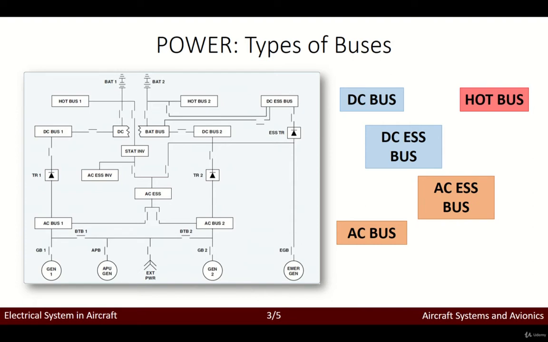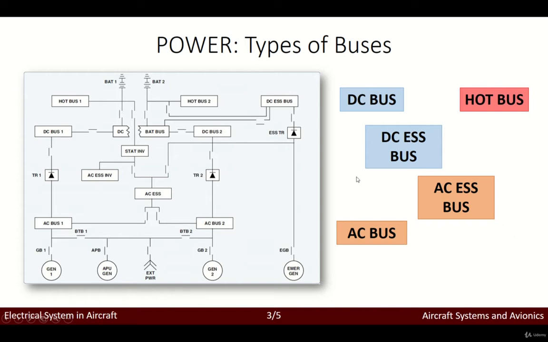So a hot bus is really a powered bus, but the term is usually described specifically for a bus that can't be powered down. The hot bus will always be connected to some kind of supply of energy, and this is extremely important in the case of aircraft.